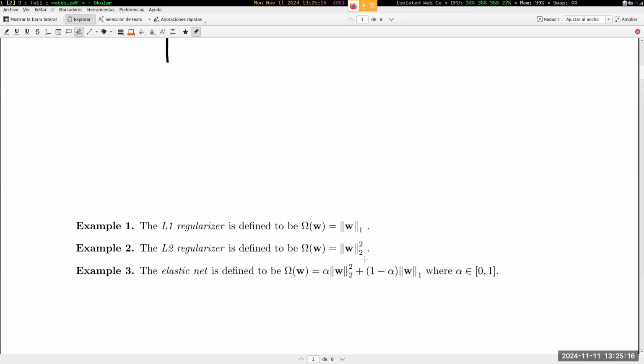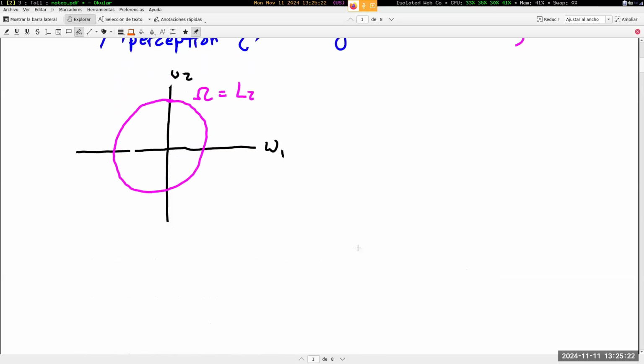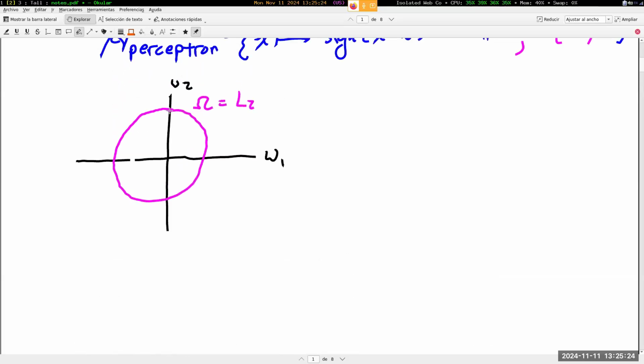The L2 regularizer is called L2 because it's based on the L2 norm. The L1 norm looks like a diamond shape. This circle is intended to be an actual circle centered around the origin with a constant radius everywhere, while the diamond is like a square turned on its side.